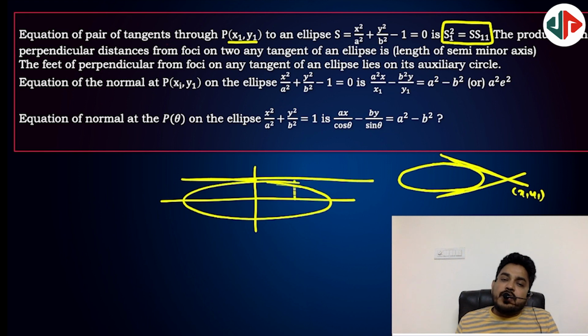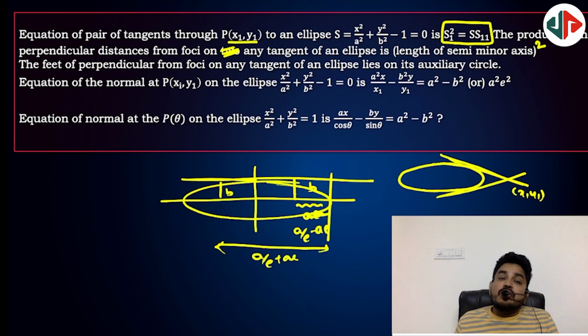From here this distance is b and this one also b, so the product is b square. Because if you take this one, this length is a by e minus ae, and from here to here this length is a by e plus ae. So you can go ahead and you are going to get b square.